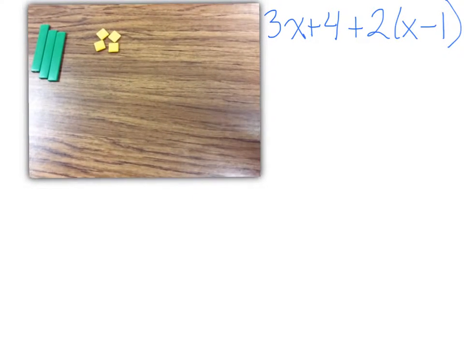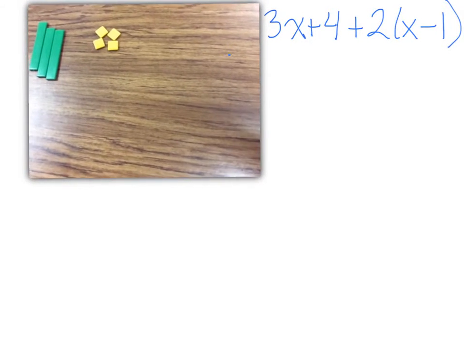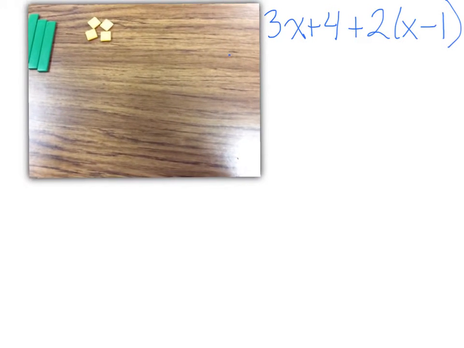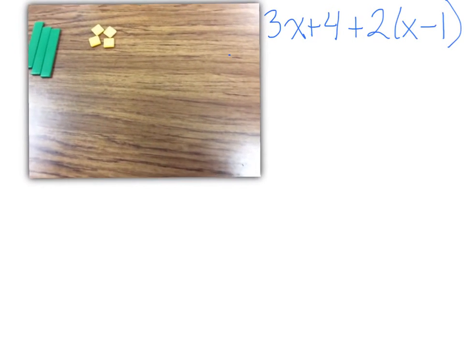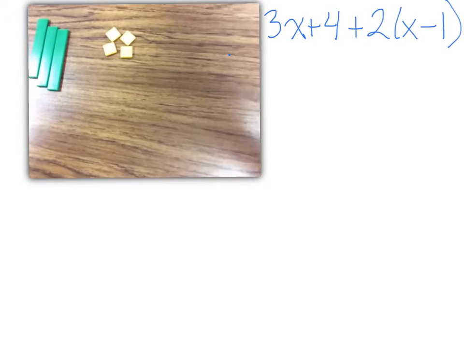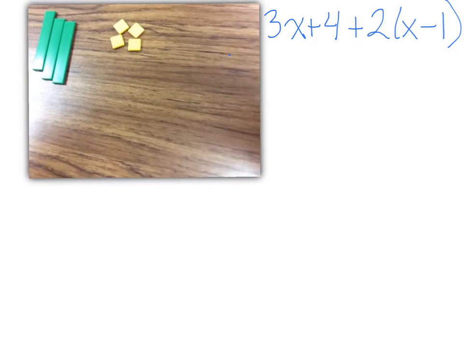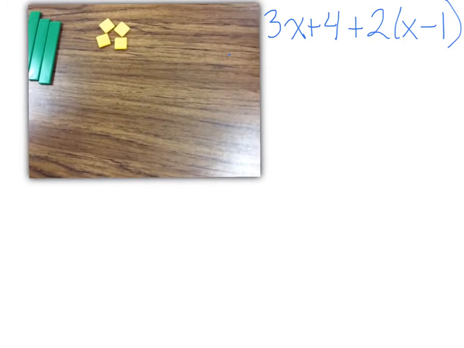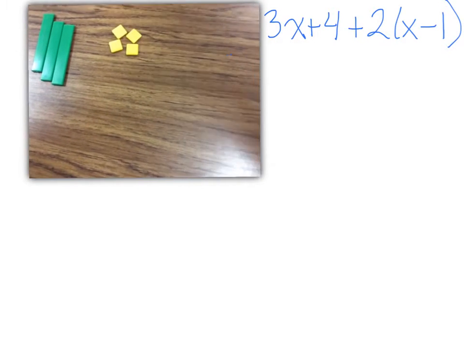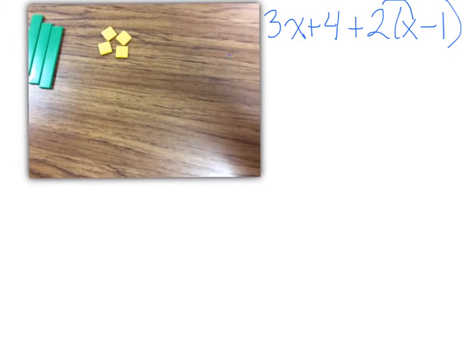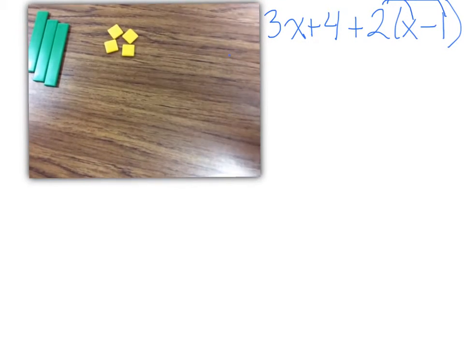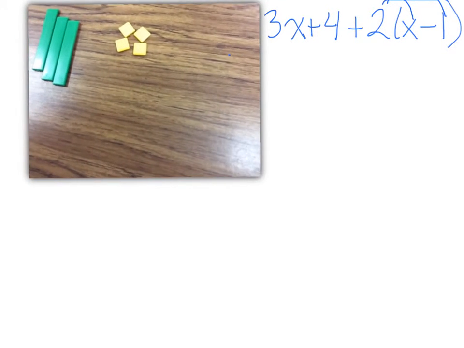Okay, here's another problem. I'm looking at 3x plus 4 plus 2 times x minus 1. So here I have set up the 3x plus 4, and what I'm going to try to do is model the 2 times x minus 1. So you can think about this a couple of different ways. Remember, distributive property is going to multiply that 2 into both of those terms.